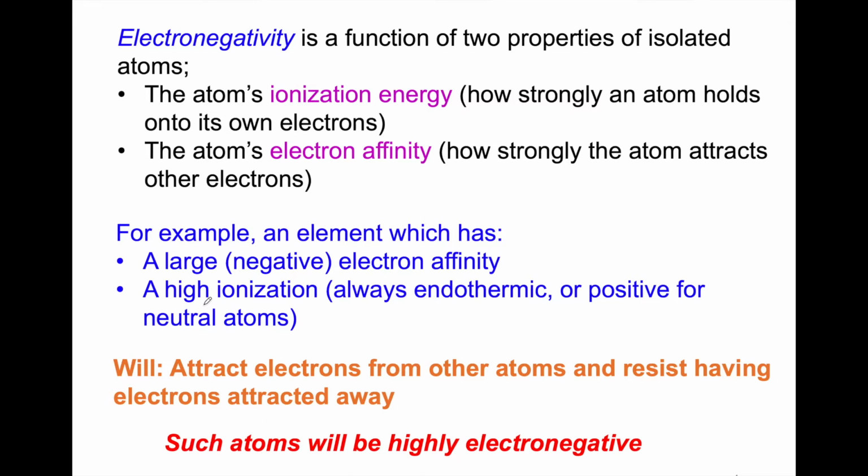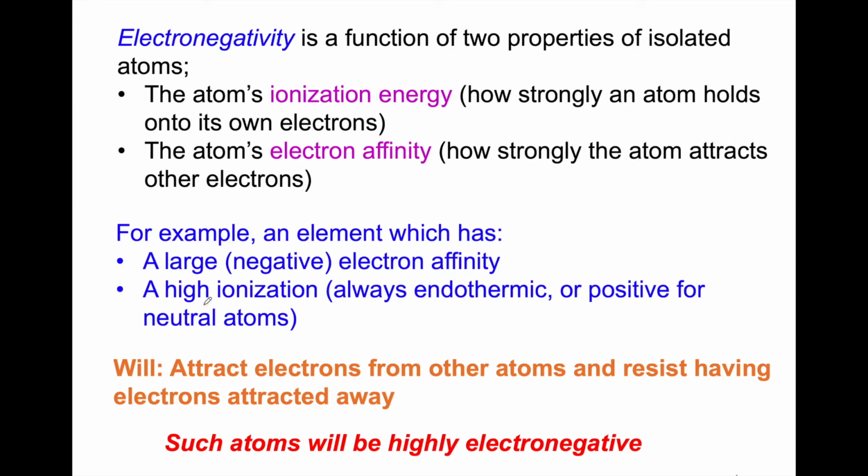For example, an element which has first a large electron affinity means it is a negative charge element, or a negative charge ion. And second, a high ionization energy, which is always endothermic or positive for neutral atoms.